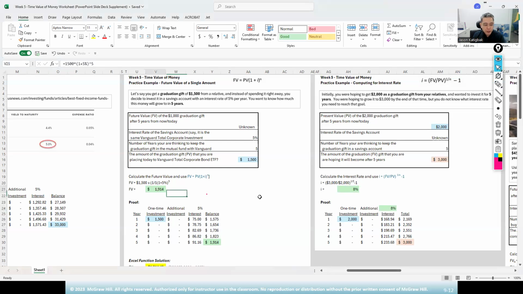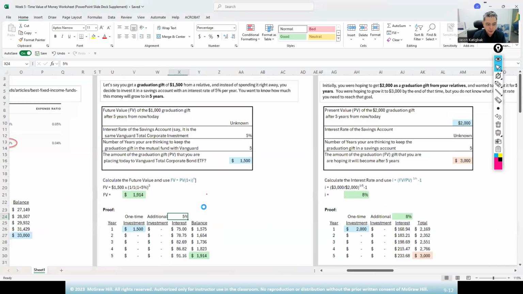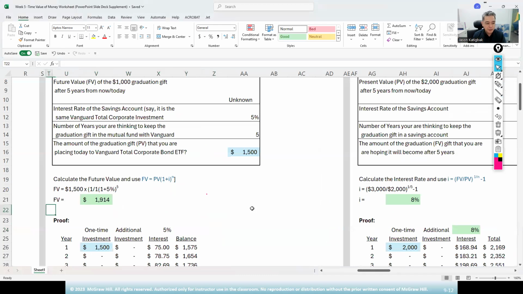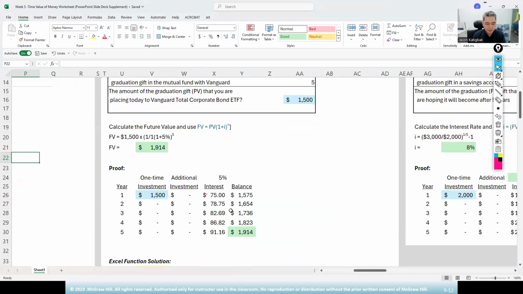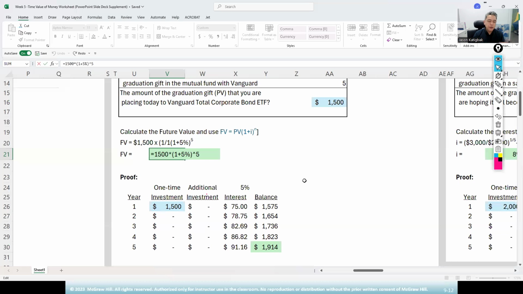Now, when you do it in Excel, not using the function, it looks like this. Make sure I can show it to you on the bigger screen. Anyhow, guys, okay? You can actually do it that way, but make sure of the operations, the rule on brackets and whatnot, because you might mess it up.